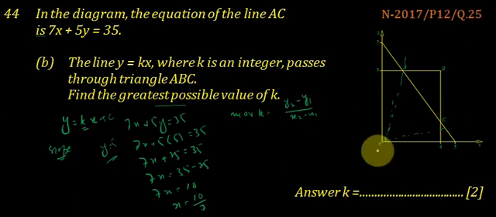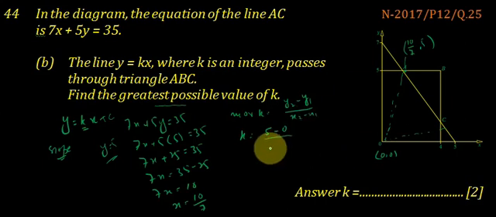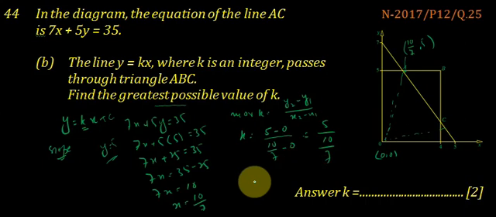So one coordinate is 0, 0, and the other is x is 10 upon 7 and y is 5, the coordinate of A. So y2 is 5 minus y1 is 0, and x2 is 10 upon 7, and x1 is 0. So it becomes 5 upon 10 upon 7, or 5 multiplied by 7 upon 10, which is 35 upon 10, or 3.5.